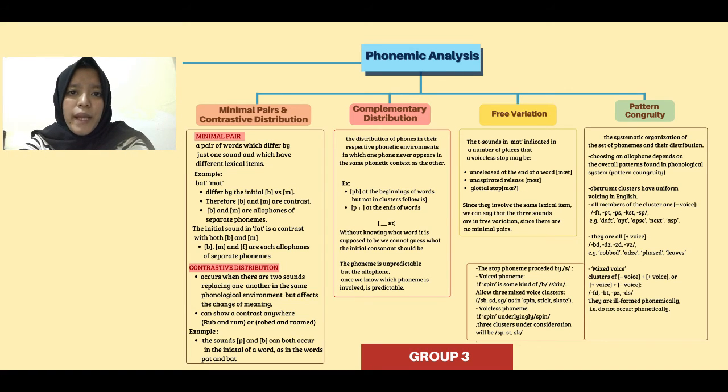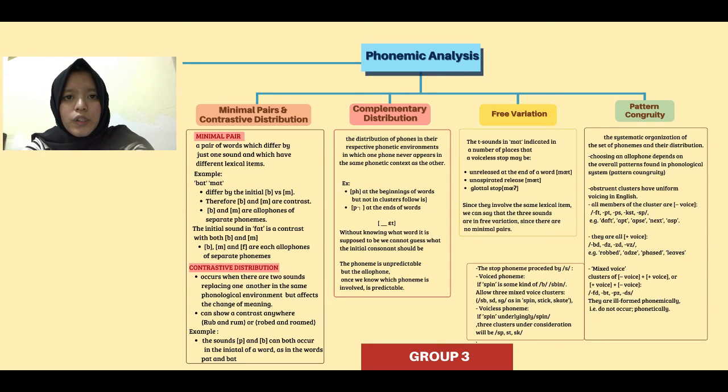Example, mat. But we have also indicated in passing that T has other realizations at the end of the word, including an aspirated release, mat, and glottal stop, mat. Given that these are three phonetically different speech sounds in the same position, one might suggest that they are related to different phonemes.